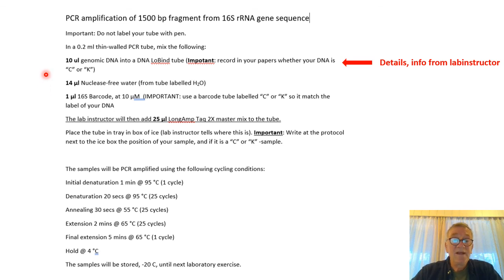When you have mixed DNA, some water, and these barcodes, you can come to a station where I will add this DNA polymerase enzyme master mix, which is the enzyme that will build the DNA in the PCR steps.